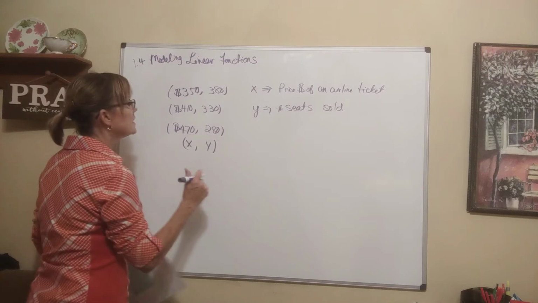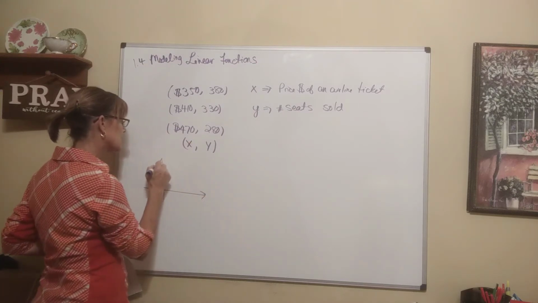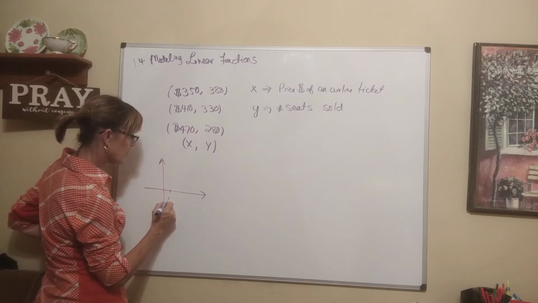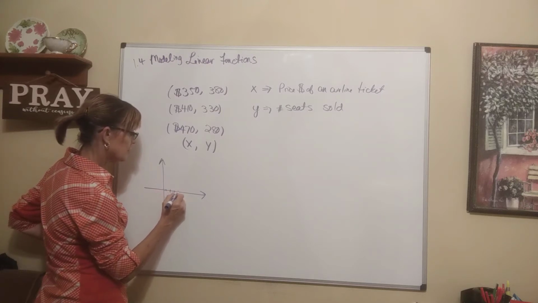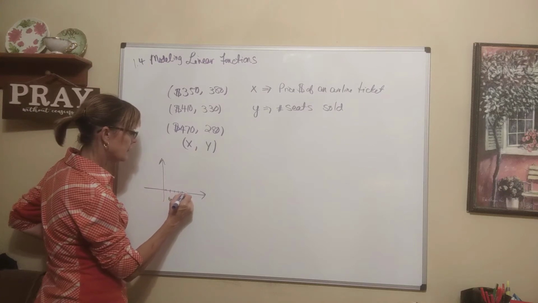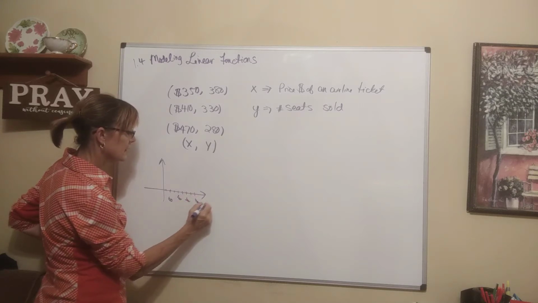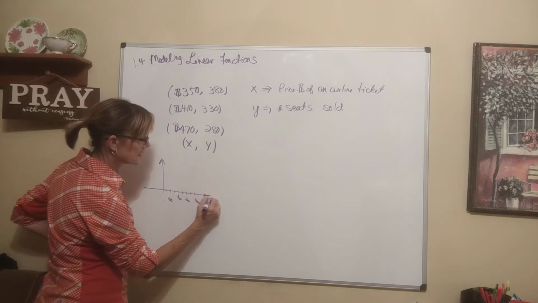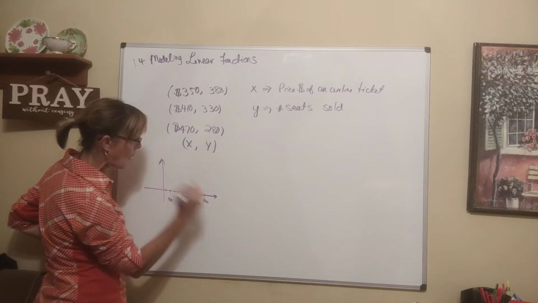So I can even do a little casual sketch to see what these 3 data points might look like. I'm going to go by 50s: 50, 100, 150, 200, 250, 300, 350, 400, 450, 500. And this is my x-axis, so this is the price. We went up to 470, so let me extend this.